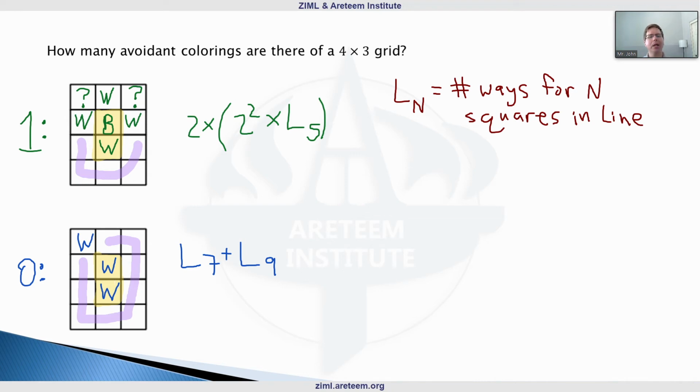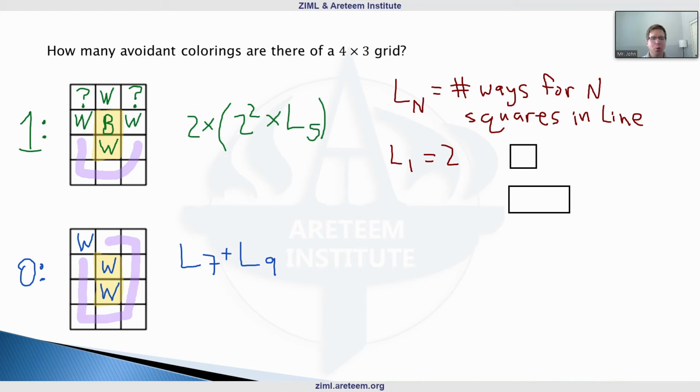And so now we can start thinking about, okay, what happens in a line in this scenario? So let's look at a couple of examples to start with a line, right? So if we have L1 in this case, L1 is pretty clearly 2, right? If we just have one single square there, there are 2 choices for it and we're good.